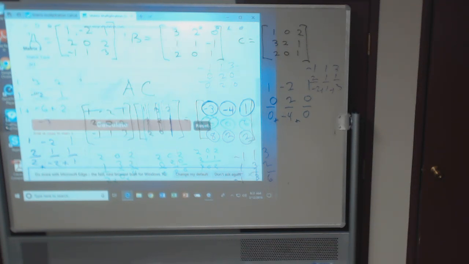Whoops. Can't put them all at once. You got to put one in and then move it over and then put the next one in. And what's the last row? 2, 0, 1.